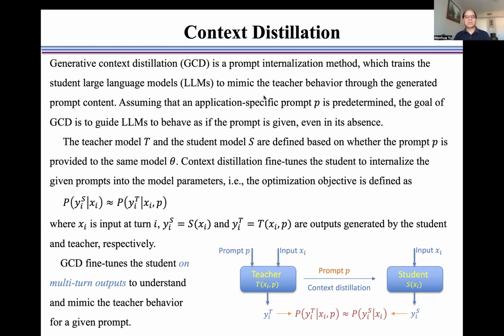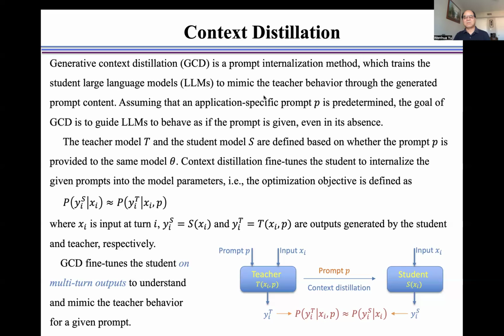The teacher model T and the student model S are defined based on whether the prompt P is provided to the same model theta. Context distillation fine-tunes the student to internalize the given prompts into the model parameters.